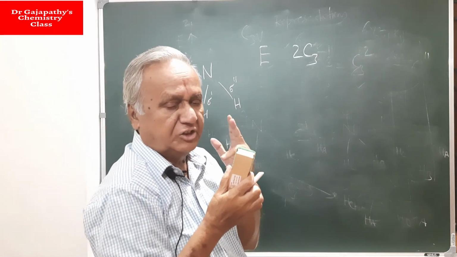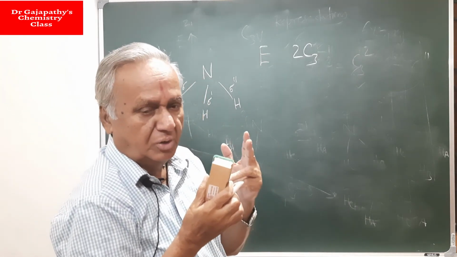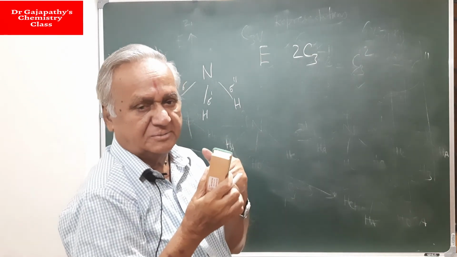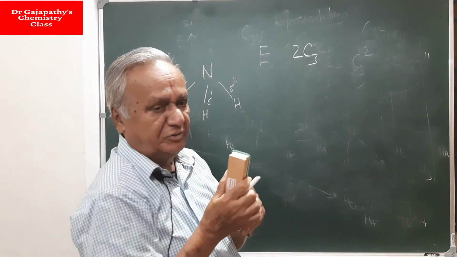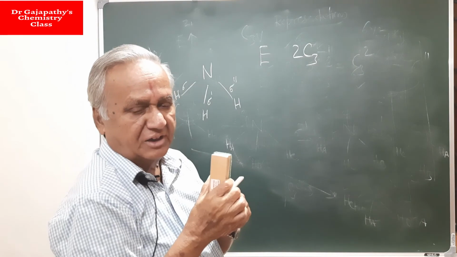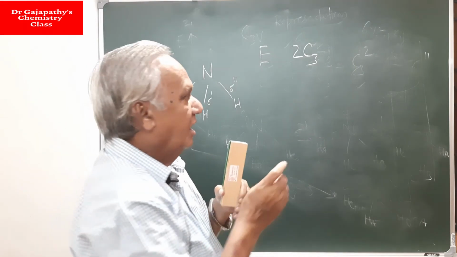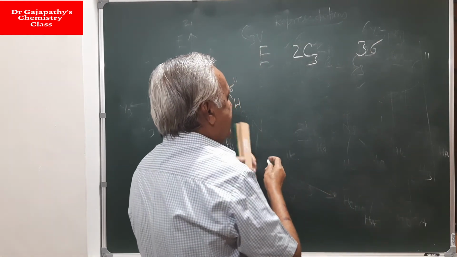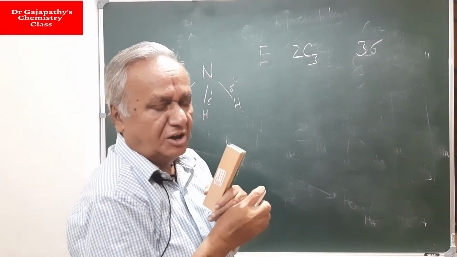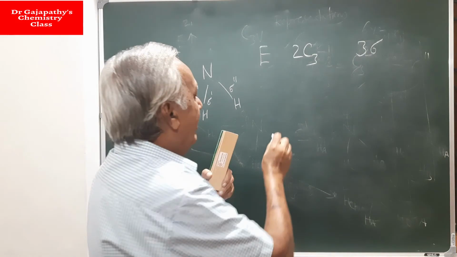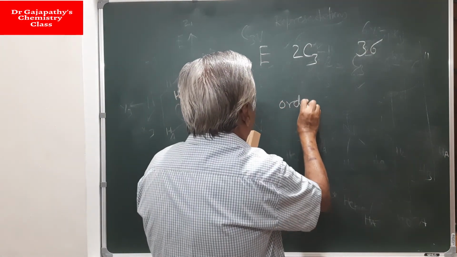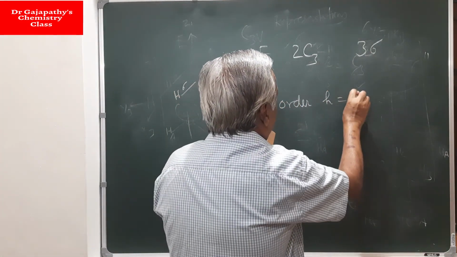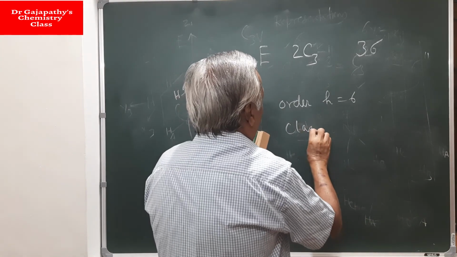One is C31 and the other is C32. Both of them belong to the same class. Similarly, you can perform and verify that all the three sigmas are conjugate to each other, or the three sigmas belong to the same class. So in the case of ammonia molecule, which belongs to C3v symmetry, order equal to 6 and class equal to 3.